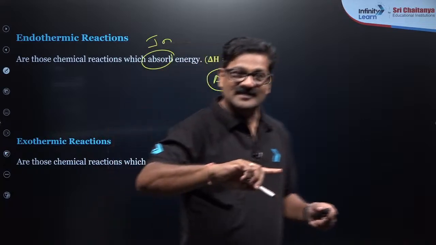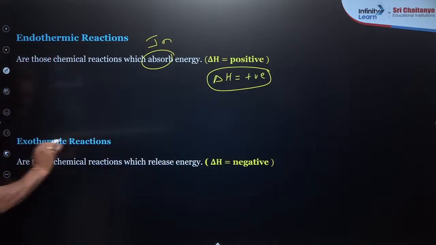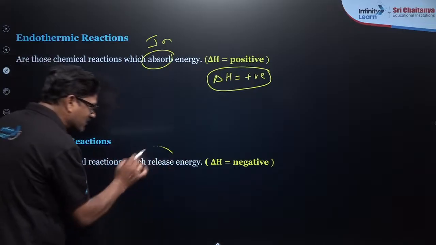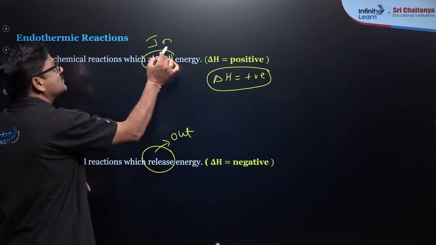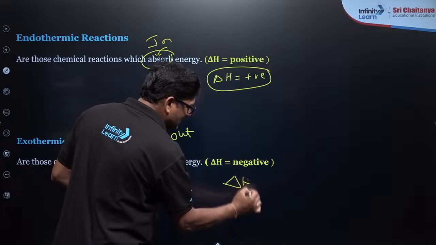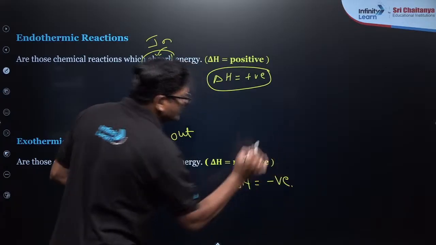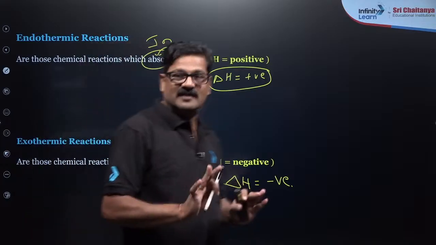And exothermic reactions are those chemical reactions which release heat, I mean to say heat is going out, whereas in endothermic heat is coming in. Therefore, ताकि इसका delta H value negative quantity होगा. Okay, that's very important.